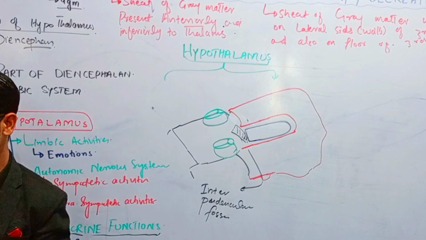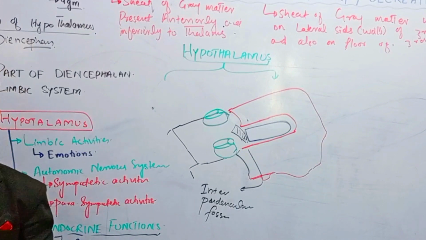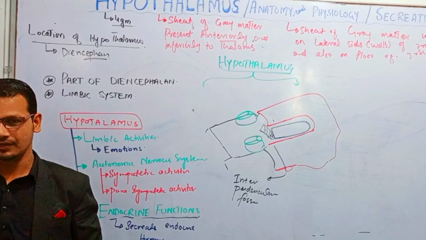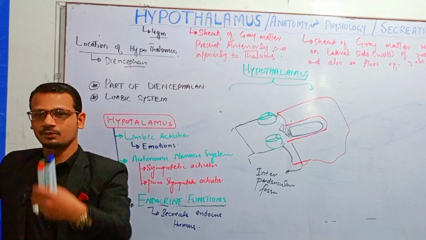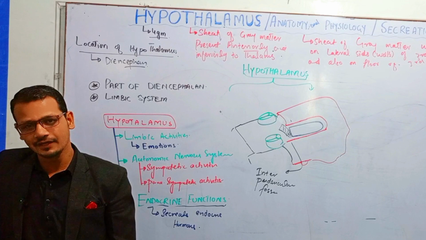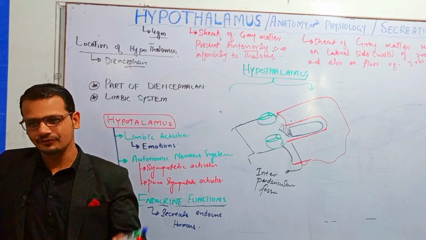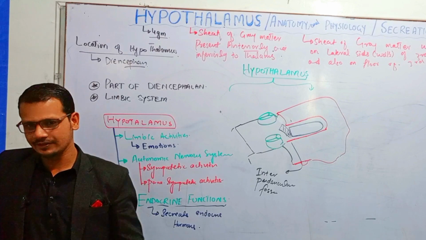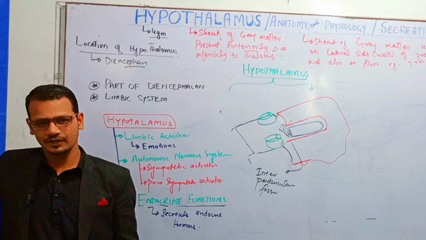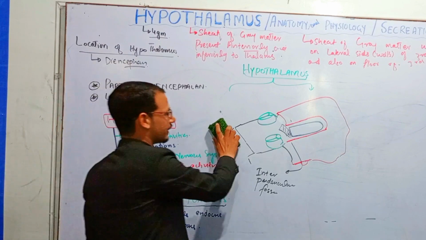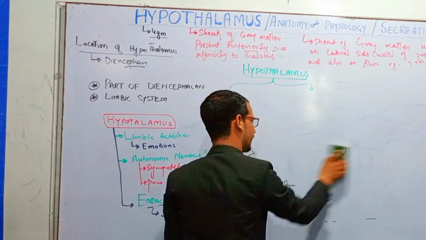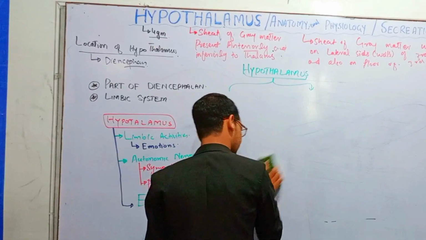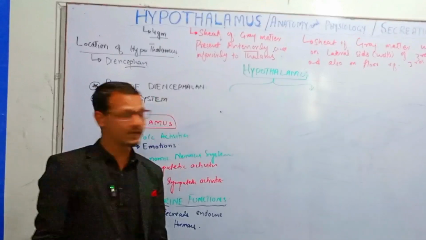Further, the right side is composed of medial and lateral, and the left side is also composed of medial and lateral, and they have different nuclei. The lateral side has different nuclei and the medial side has different nuclei, and this is a very interesting structure in our brain. You will see its interesting points now.